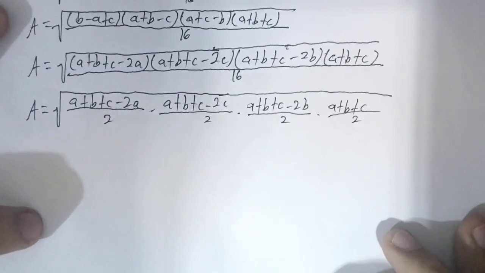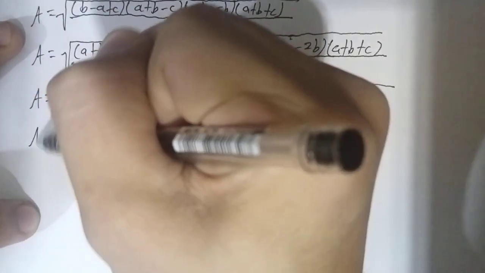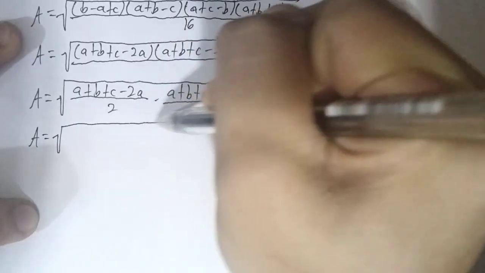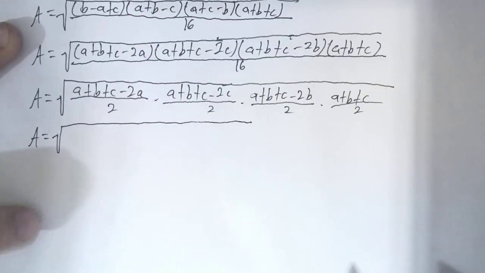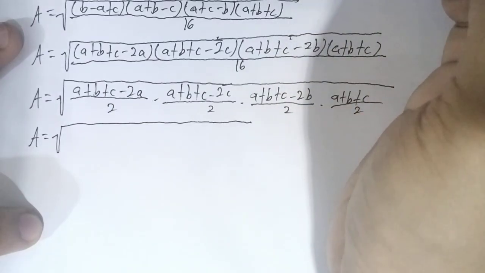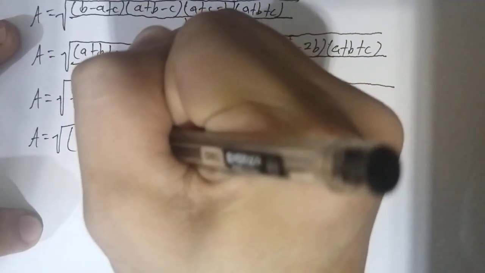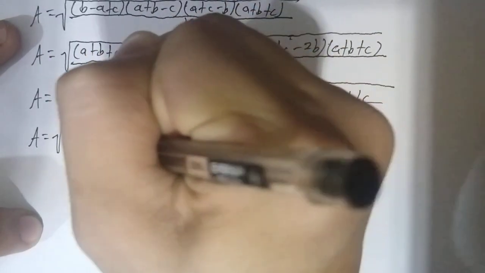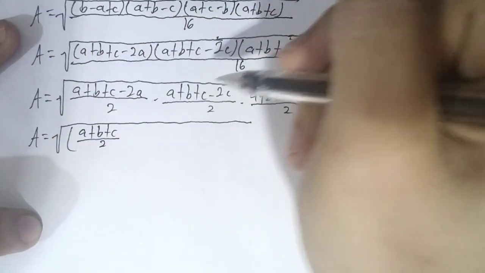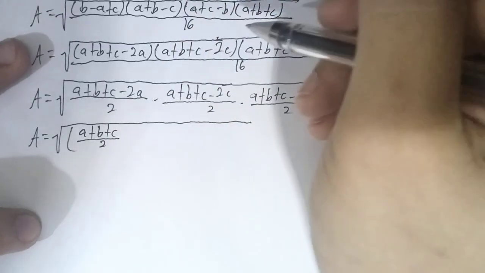Okay, good. And then we can rewrite this as A equals the square root of, this would be the same thing as, let's rewrite it in parentheses. So this will become a plus b plus c over 2 minus 2a over 2, but 2a over 2 is just a, right?